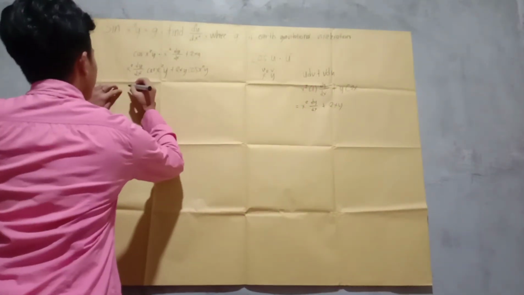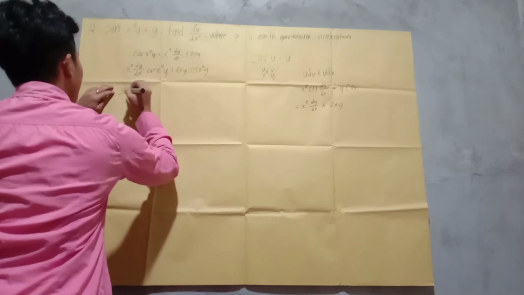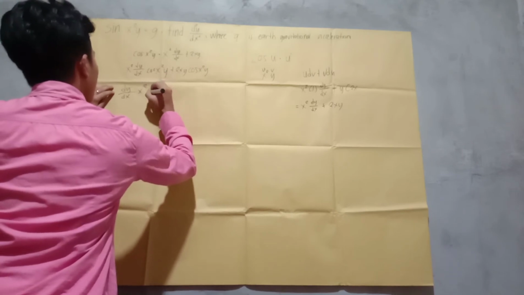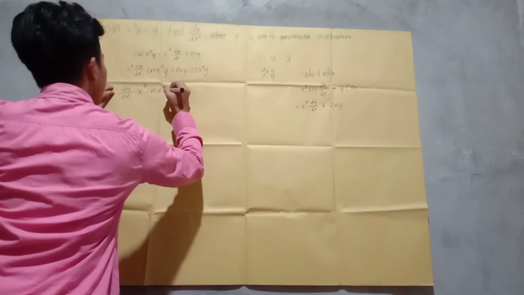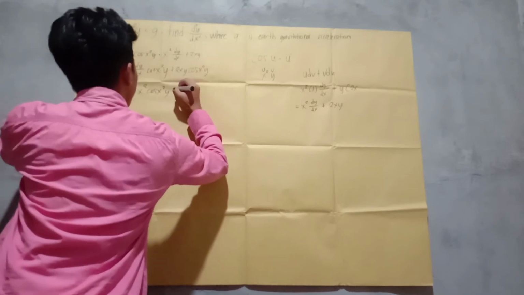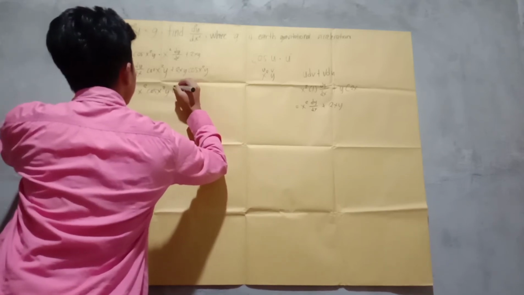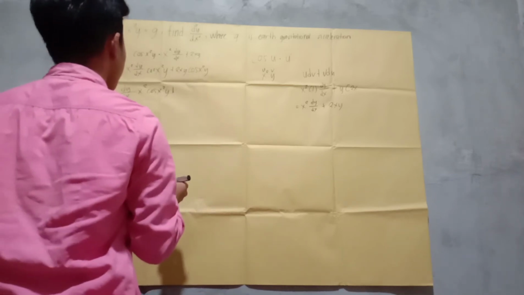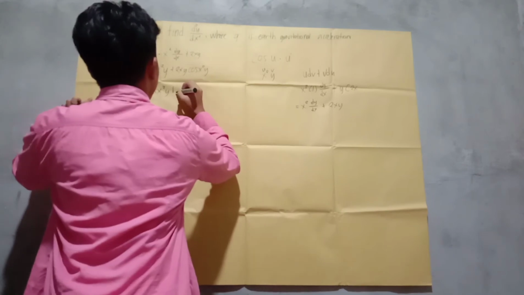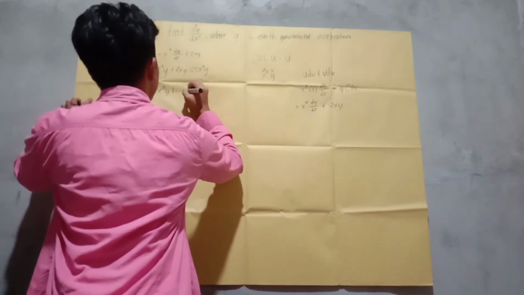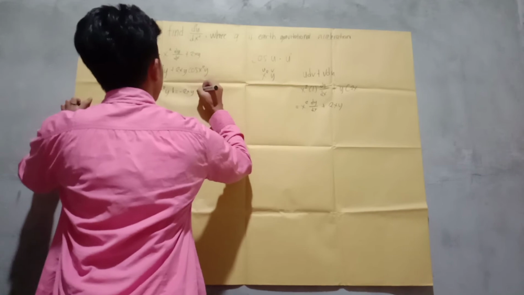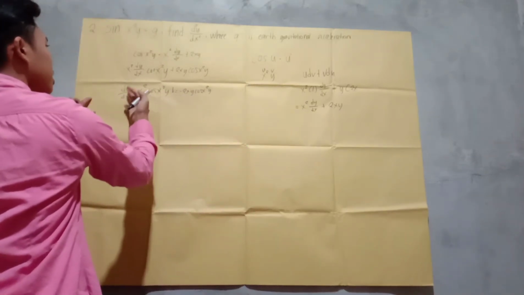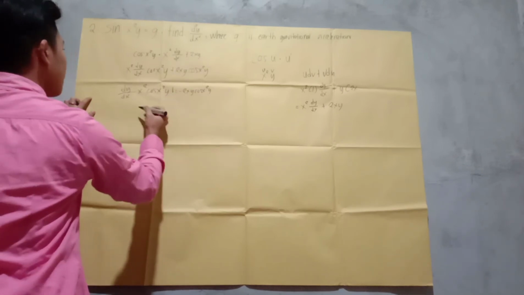So it will come to dy over dx times x squared cosine x squared y is equal to negative 2xy cosine x squared y. It becomes negative because I transposed it to the right side.